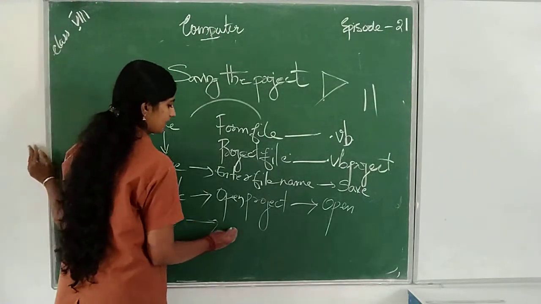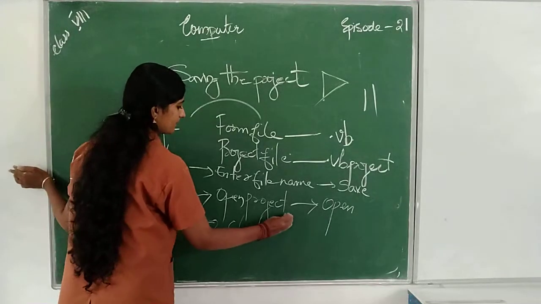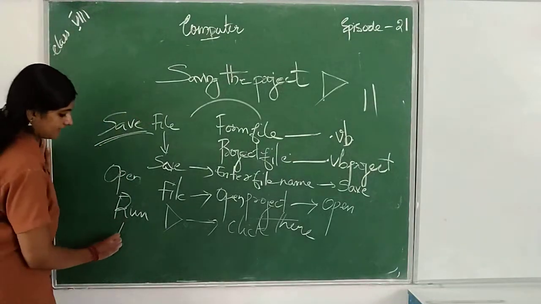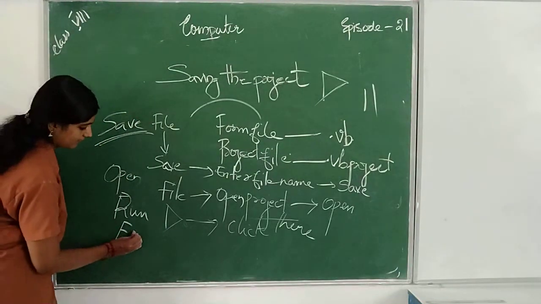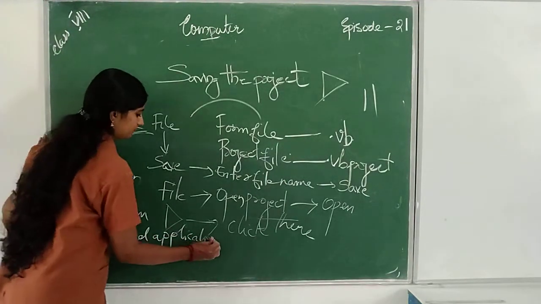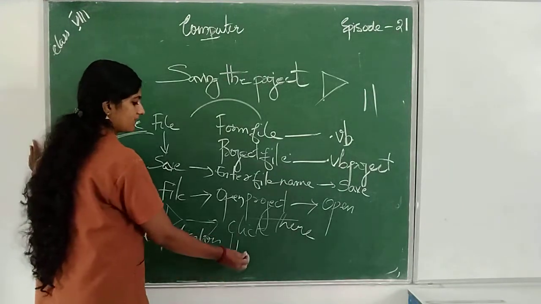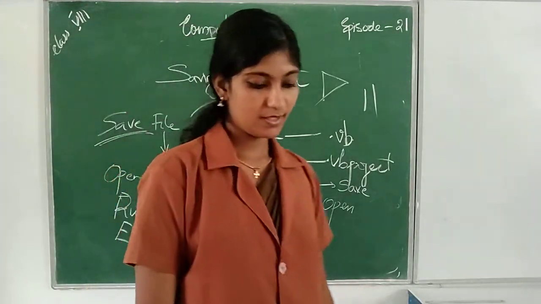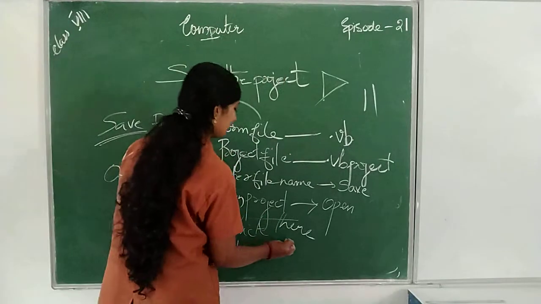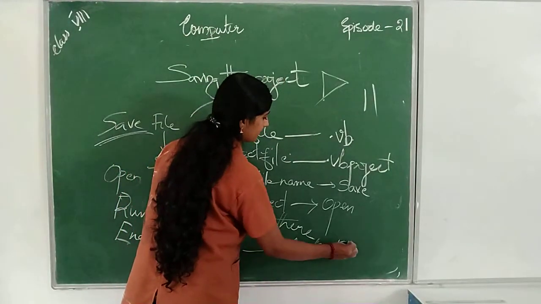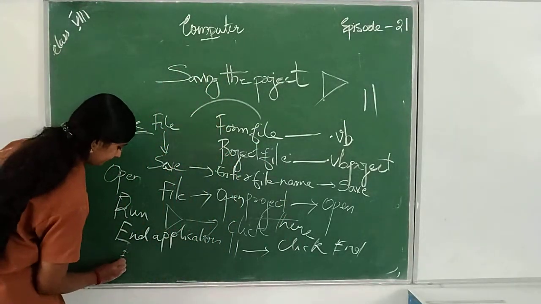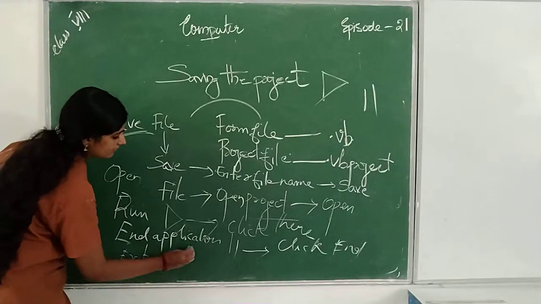So you can click there. Then next, end application is end to run. You can stop the running project and return to Visual Basic. Click on end. Then exit from Visual Basic. File exit.